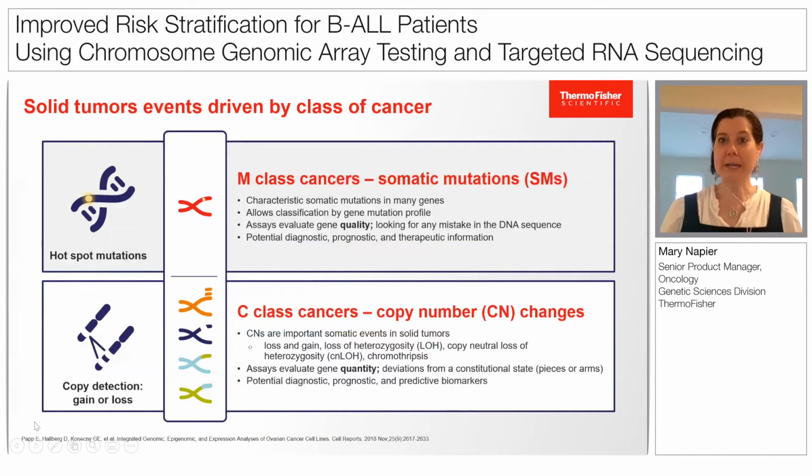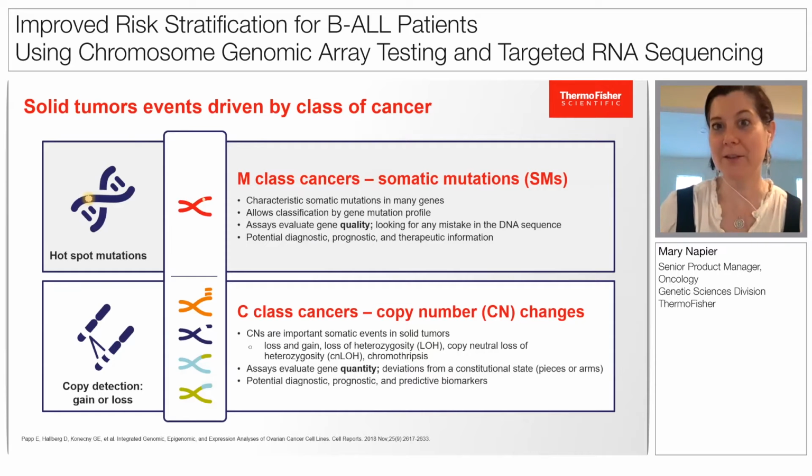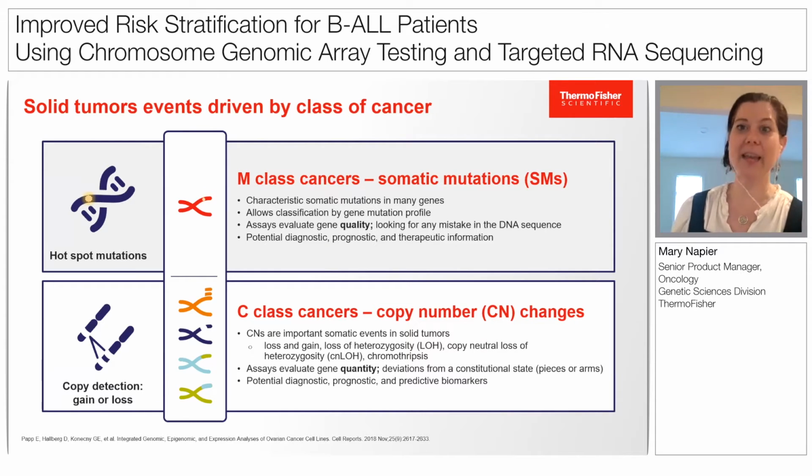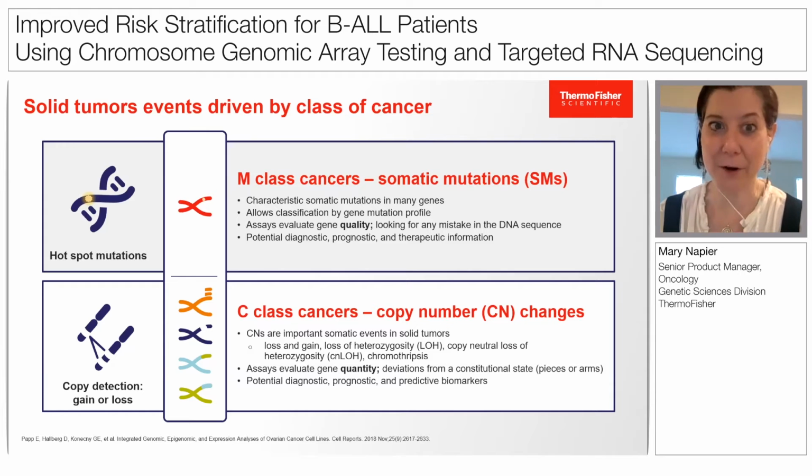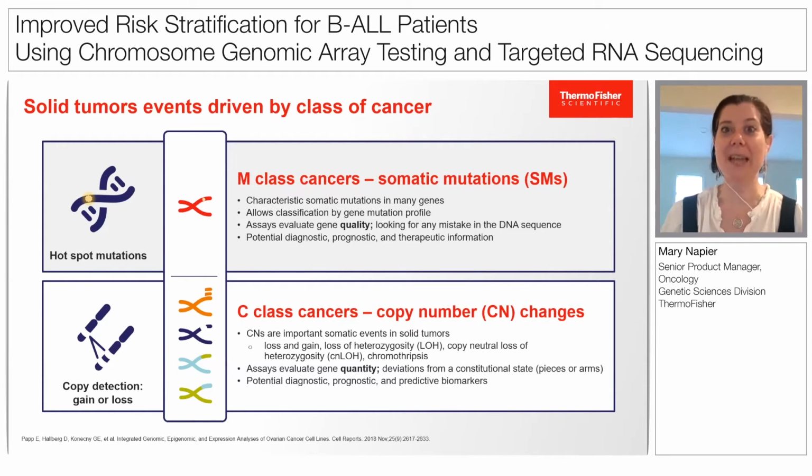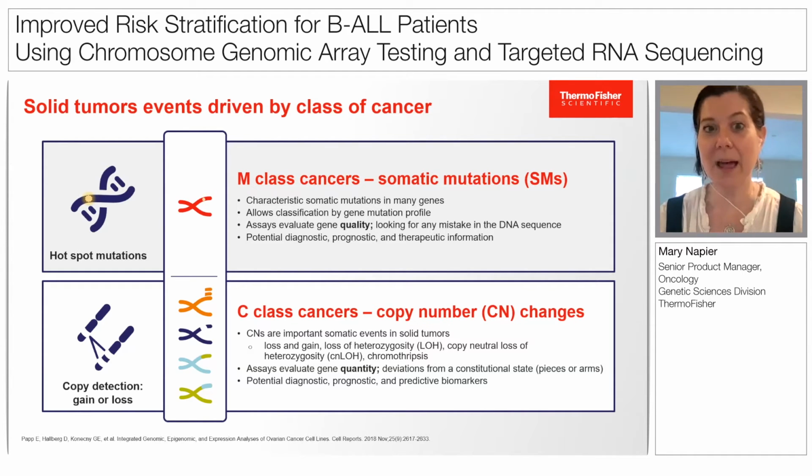So there are kind of two types of cancer. There's the M-class cancers, which have a lot of hotspot somatic variation. A lot of SNP profiling happens in M-class cancers. And then there's these C-class cancers where copy number detection, either gain or loss, a whole arm, telomeric imbalance, those changes are important.